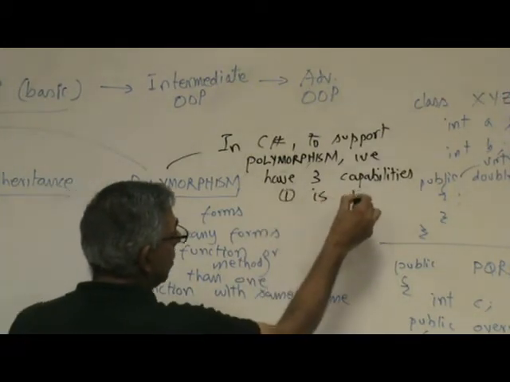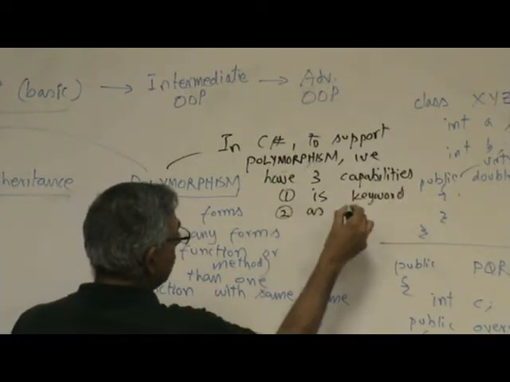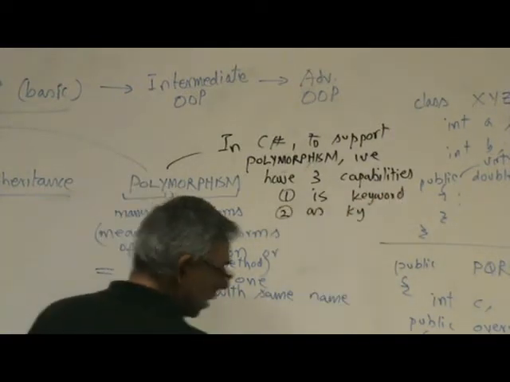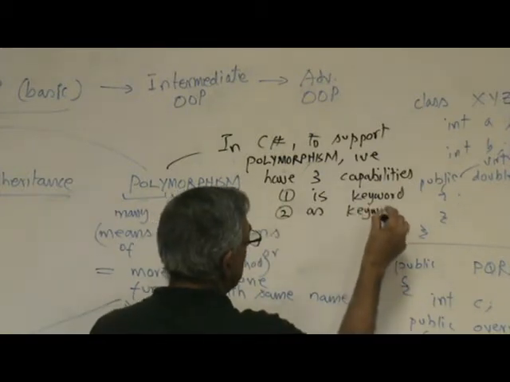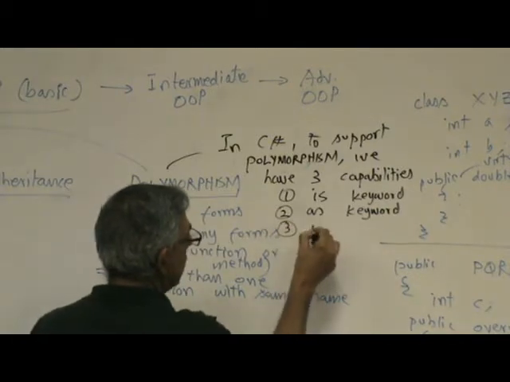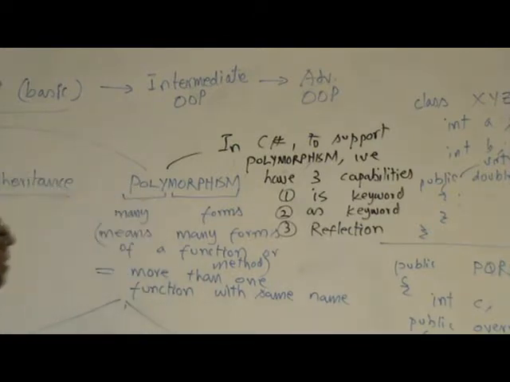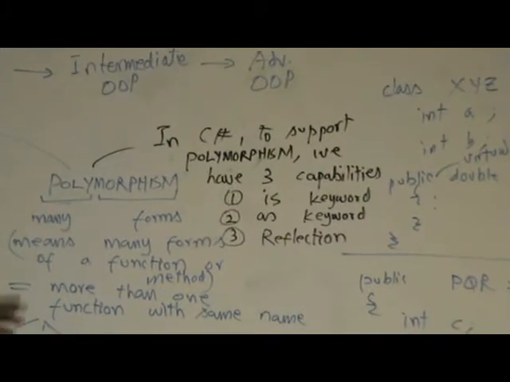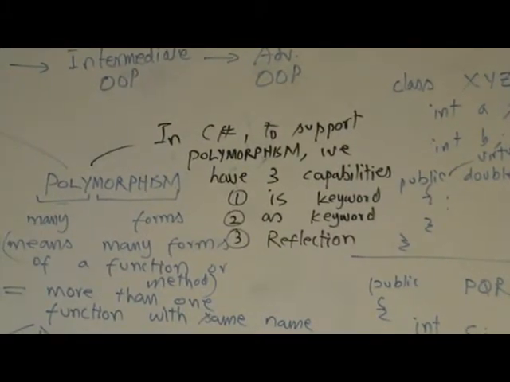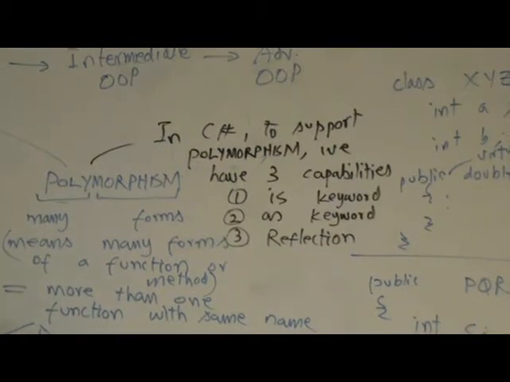One is the is keyword. One is the as keyword. And one is reflection, which is a little bit advanced, but all three are needed for supporting true polymorphism. And when I say true polymorphism, that means once a base class and a derived class object are involved.